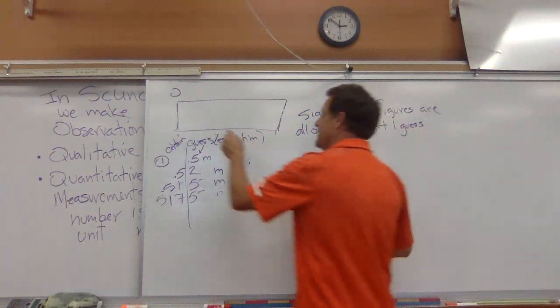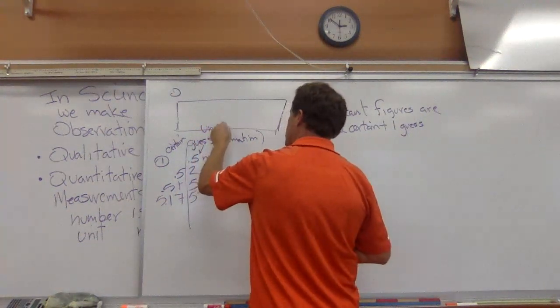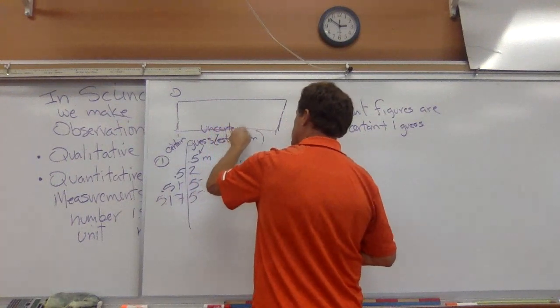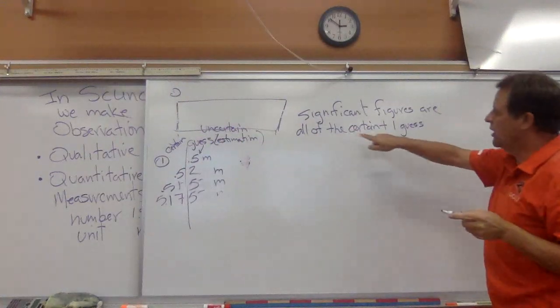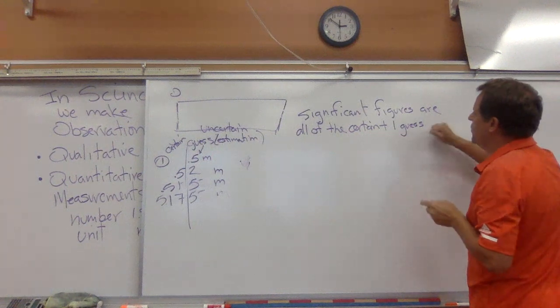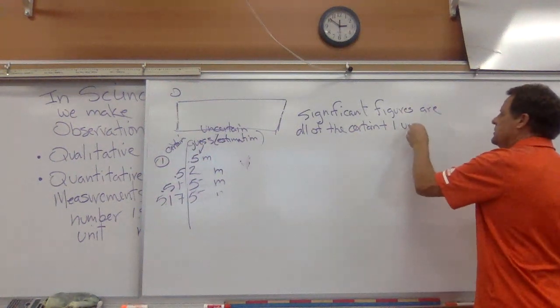Now that guess is uncertain. So all of the certain plus one uncertain.